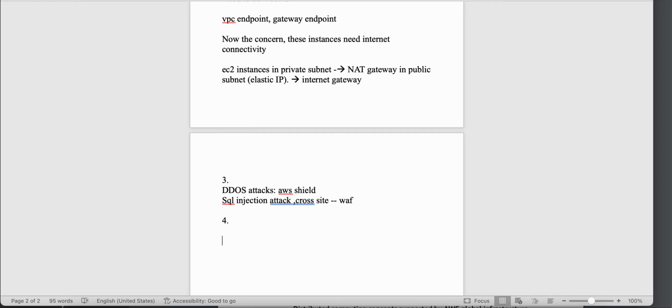Now, one question that I found confusing was that there is a company which is getting a lot of requests from malicious IPs all over the world.